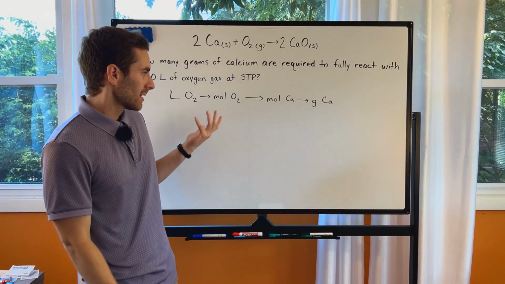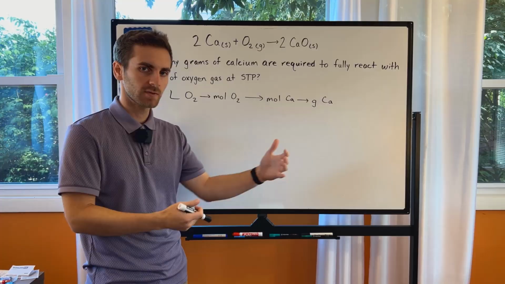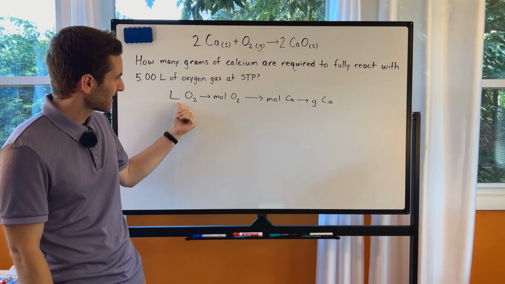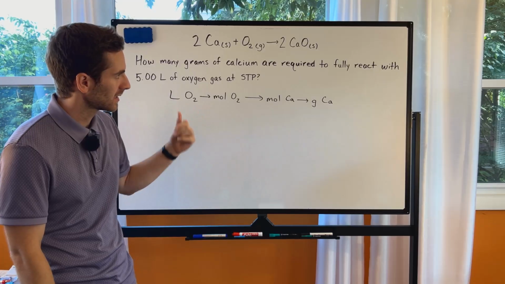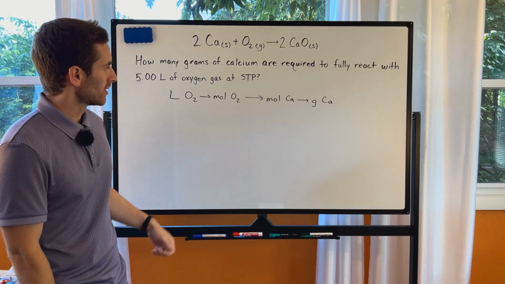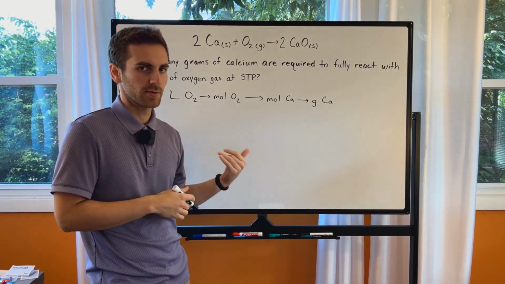So essentially, moles is kind of our standard unit to be in for stoichiometry. And then liters, we haven't really seen this in these stoichiometry problems so far. So we've introduced a new way to convert into and out of moles.